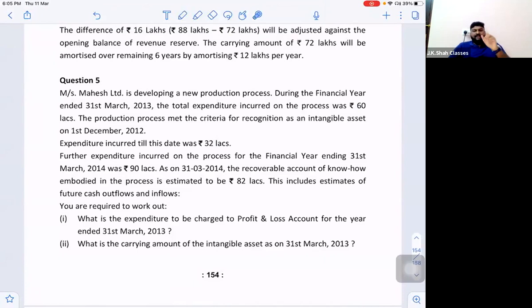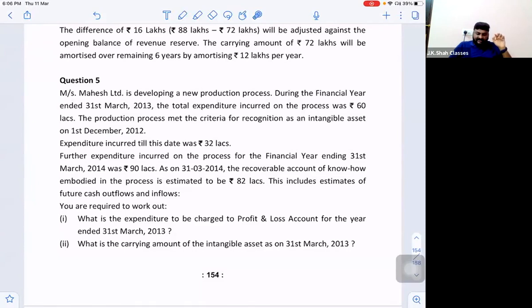Now, if you remember my yesterday's point, I clearly said that the date when the asset meets the recognition criteria, from that day the cost should be capitalized. So technically the asset met the criteria on 1st December. So from 1st December onwards, whatever cost we are incurring, that should be capitalized. Right?